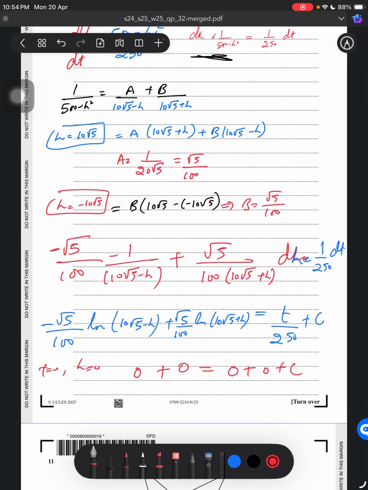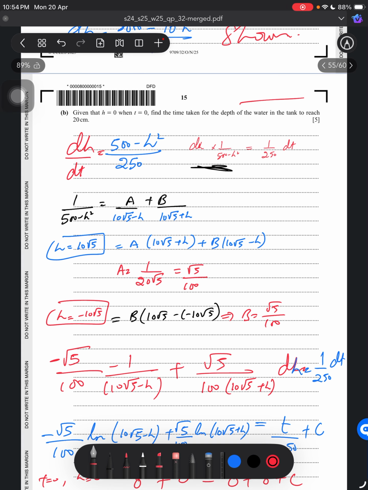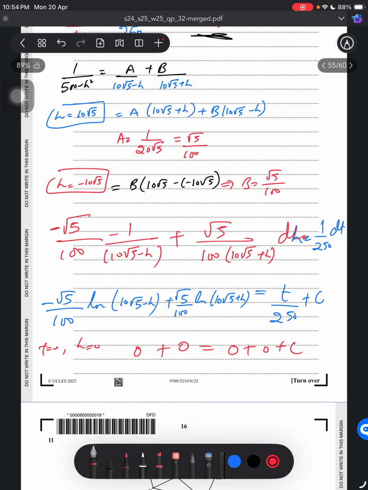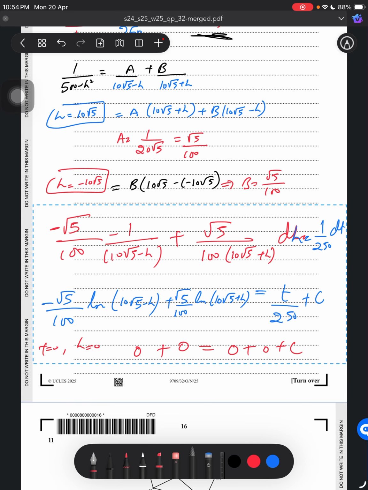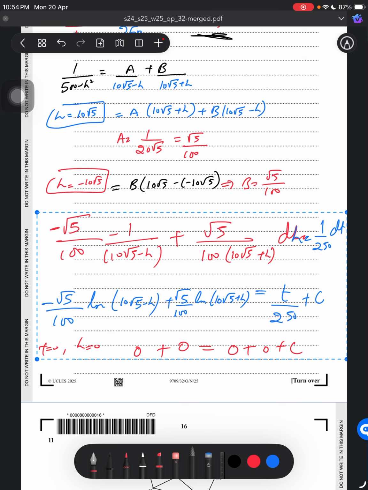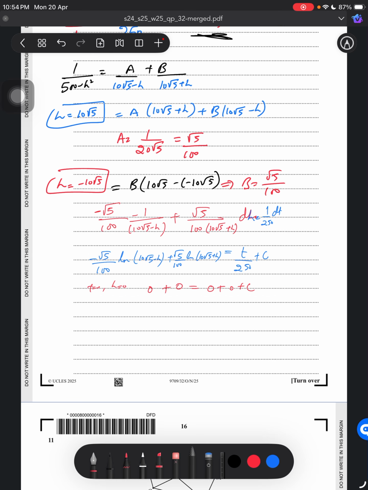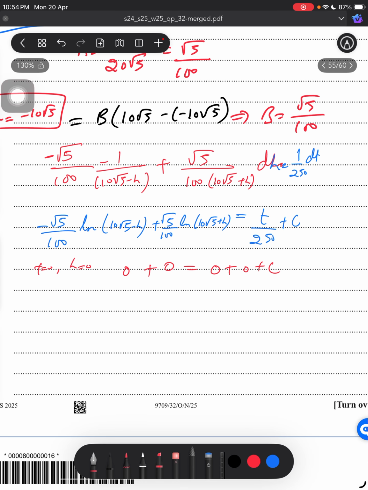If we don't have any answer, do we have any other value? Yeah, we have h is 20 also. Let's repeat the same working.